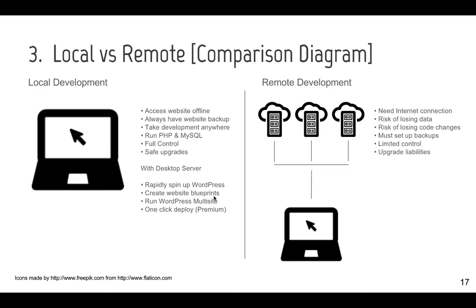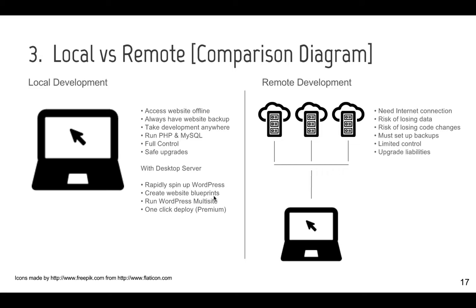You have full control. When you have your website on a remote server, you don't have full control because sometimes the host can go down. And there are a lot of variables with a remote host that you just can't always predict or have control over.